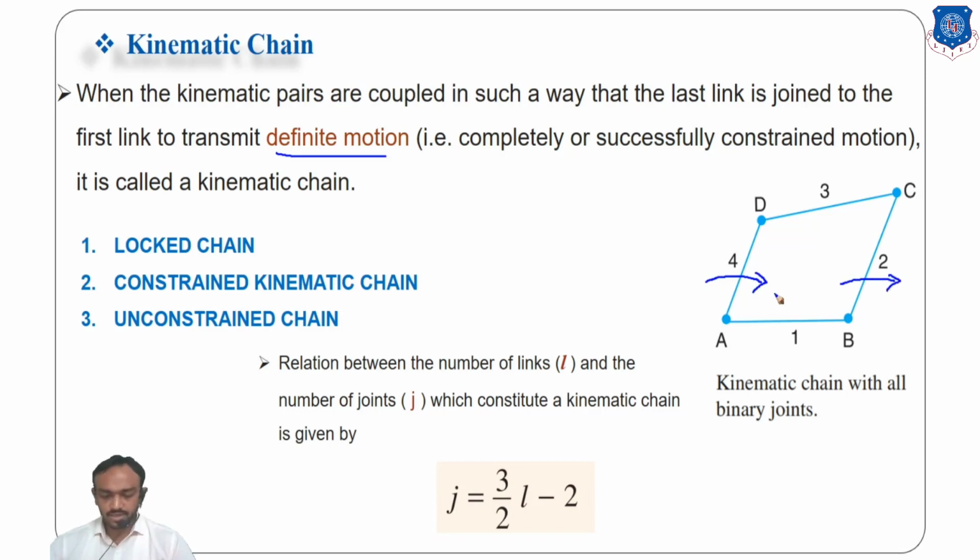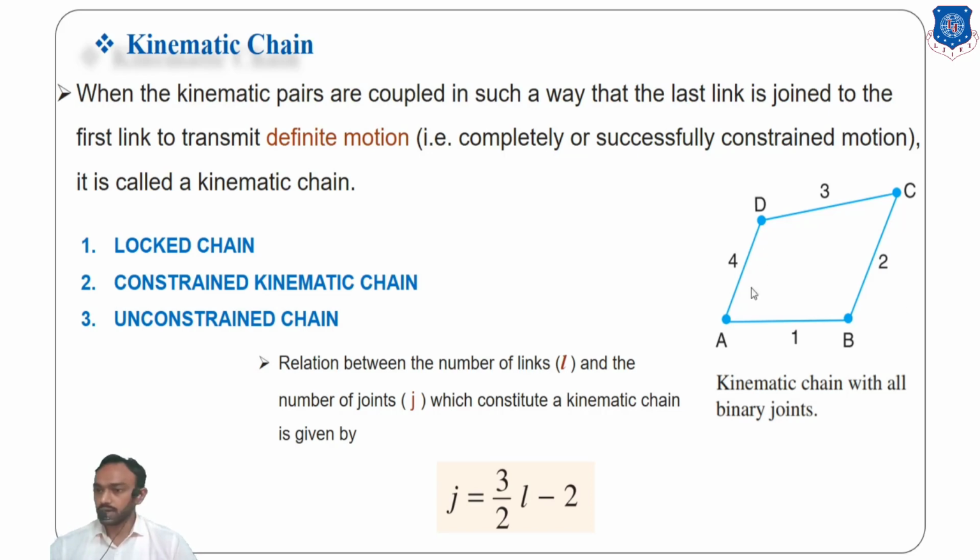There are 3 types of chain: locked chain, constrained kinematic chain, and unconstrained chain. But how do we decide which type the chain is? For that we have a relation between joints and links. J is the number of joints and L is the number of links.